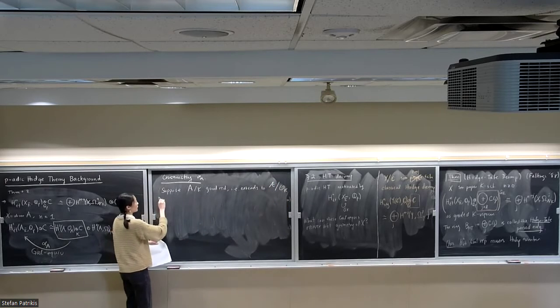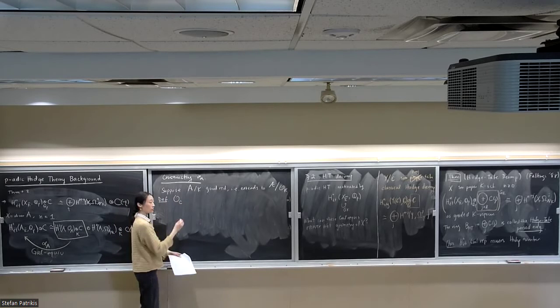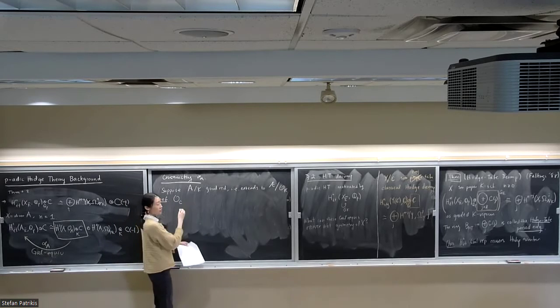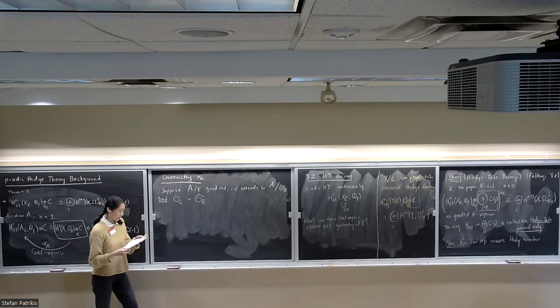And let me just introduce a piece of terminology. O_C is just going to be the valuation ring of C with respect to the absolute value, or you could think of it as the p-adic completion of the ring of integers of O_{K bar}.